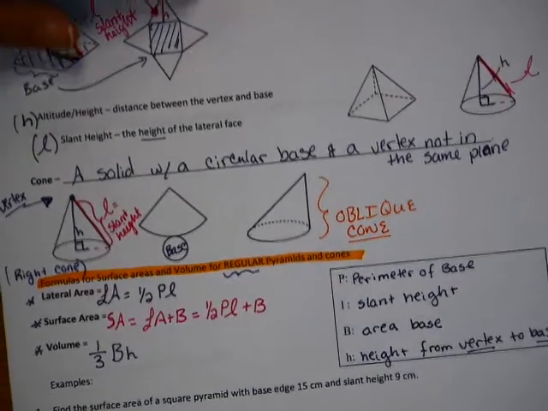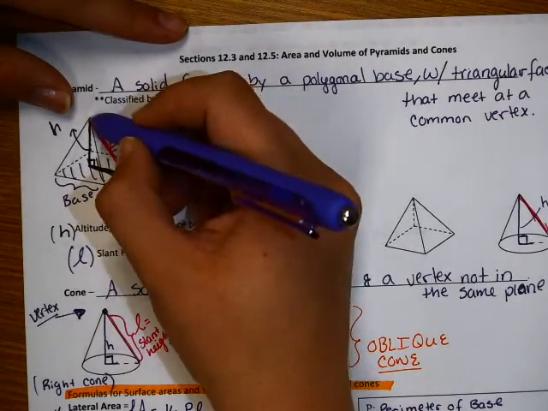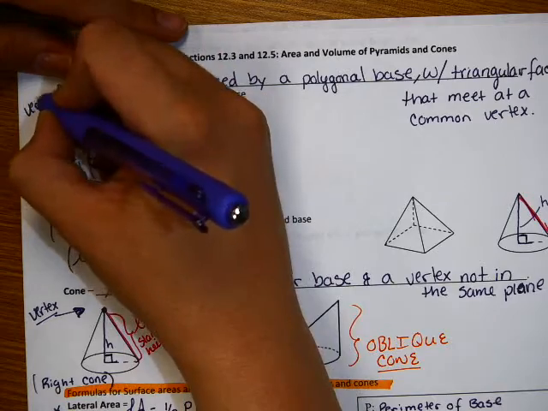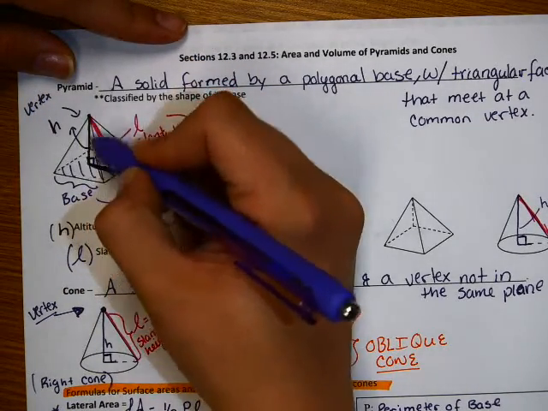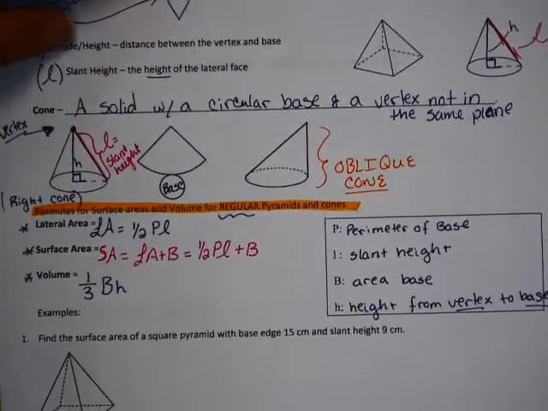So what that means is if we take a look at this height from here, this was our vertex, and this is to the base. So vertex to base, that's the height we want to use in these formulas.